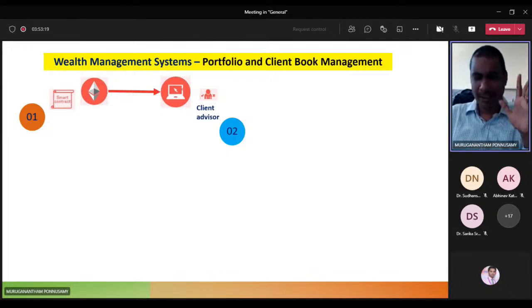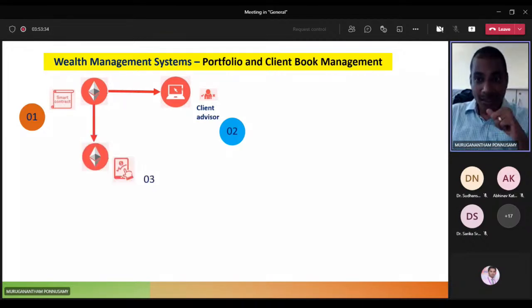It's available nowadays through SMS as well as mail. Notification will be received by the client, advisor, workbench. Client is also getting a response.